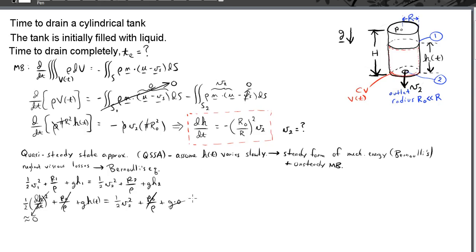So if we now solve this for V2, we find that V2 is equal to the square root of 2gh. So this is the second useful result.